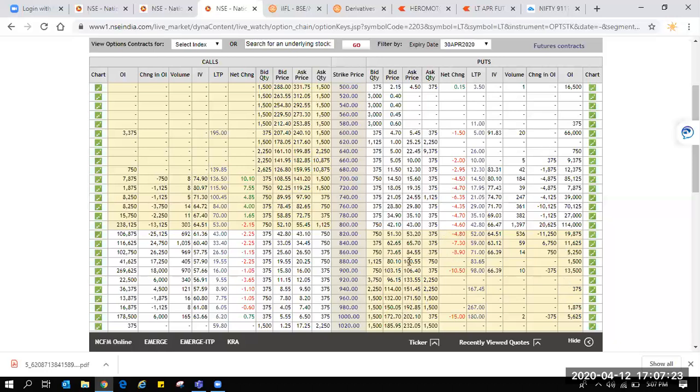The strategy which I was referring to, whenever there is an addition in the call, say for example 840, cumulative OI, sorry, this OI for 840 is 1,16,000. So if I consider 10% of this 1,16,000, that comes at around 11,000 or say 12,000.